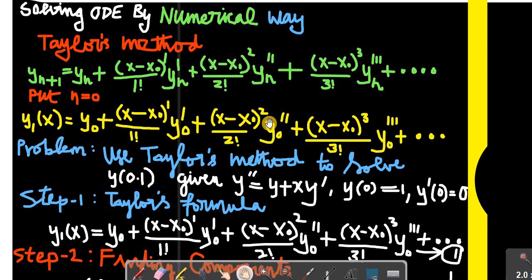So this is the equation when n equals 0.